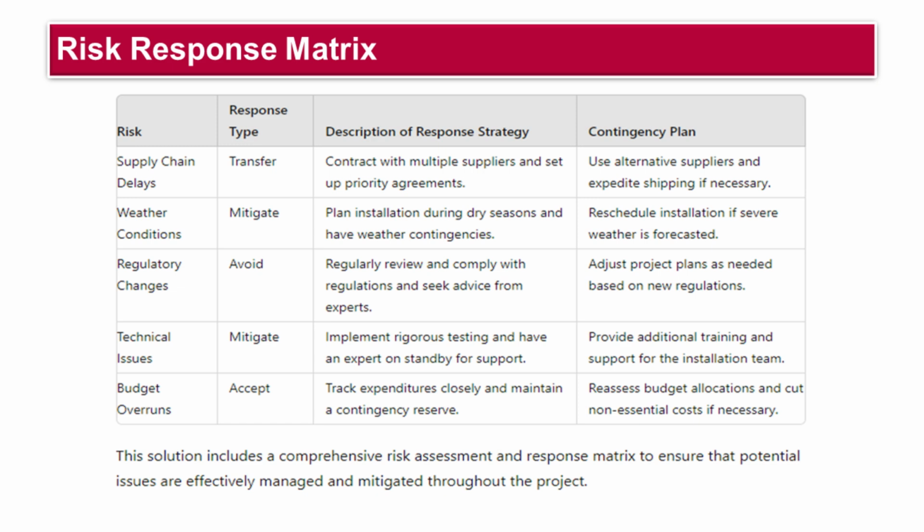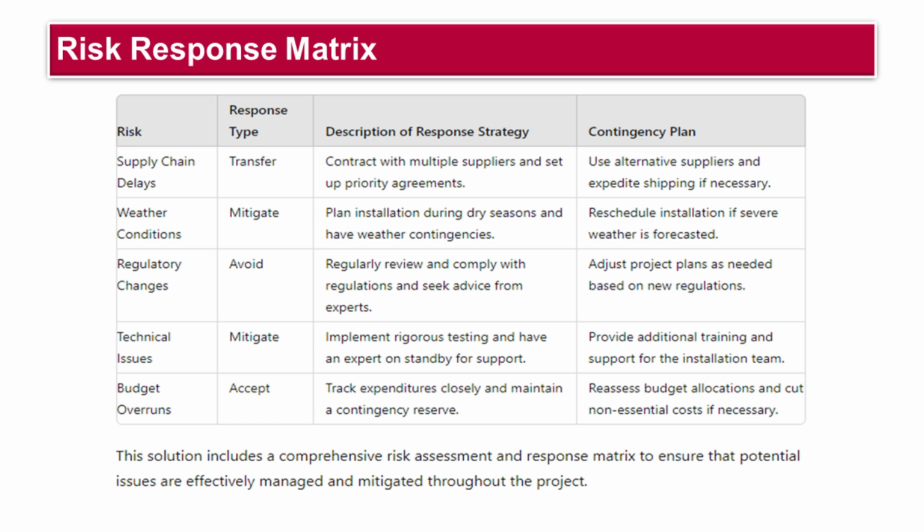For every risk identified in the risk assessment process, the matrix details the following components. Risk description. A concise statement outlining the nature of the risk, its potential impact on the project, and the likelihood of its occurrence. Response type. This defines the overall approach taken to address the risk.